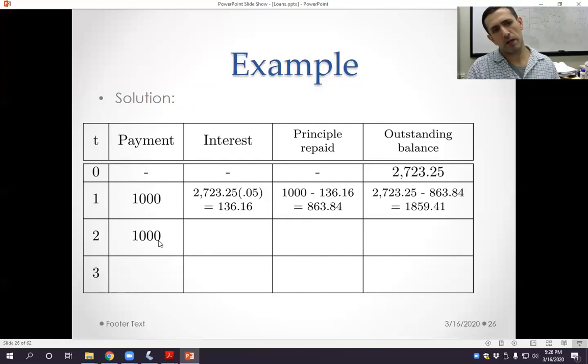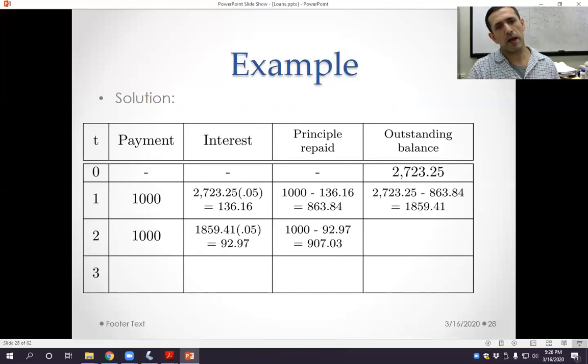Okay, so the second payment, 1,000. So the interest earned in the second year, well, again, there's really no subtlety here. It's a commonsensical calculation. At the end of the first year, you owe 1,859.41. That accrues one year of interest at the end of the second year. So times 0.05, that's going to be 92.97.